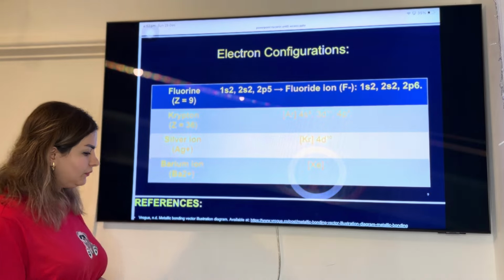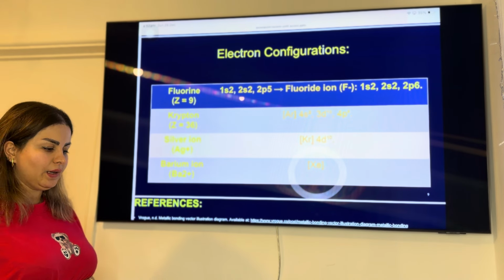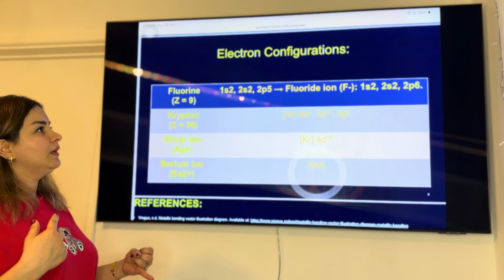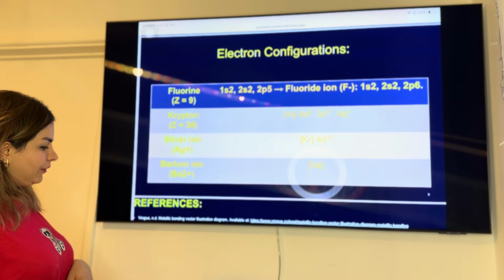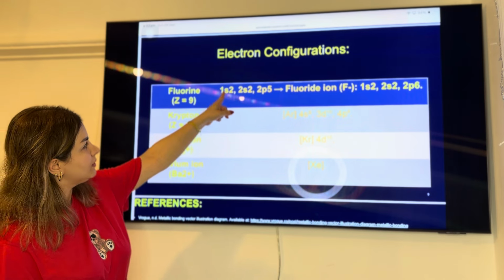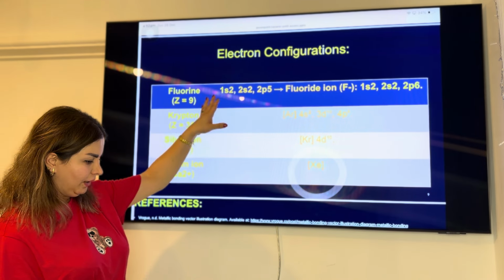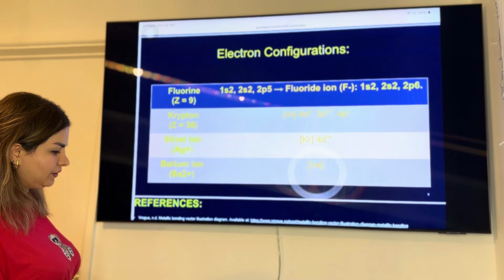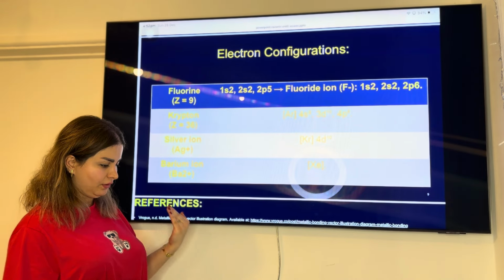The electron configuration of these elements helps to explain their behavior and their structure. Fluorine has the configuration 1s2, 2s2, 2p5, and gains 1 electron to form the fluoride ion.